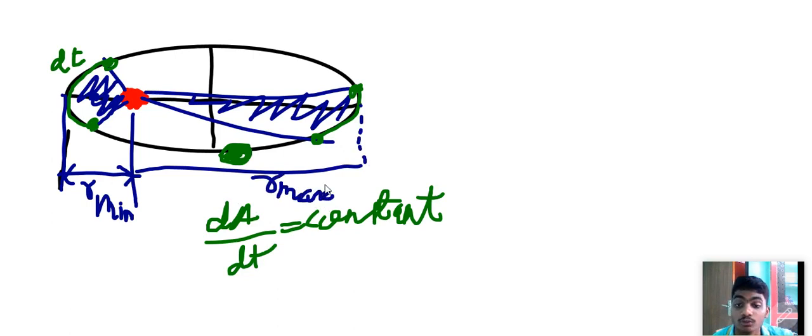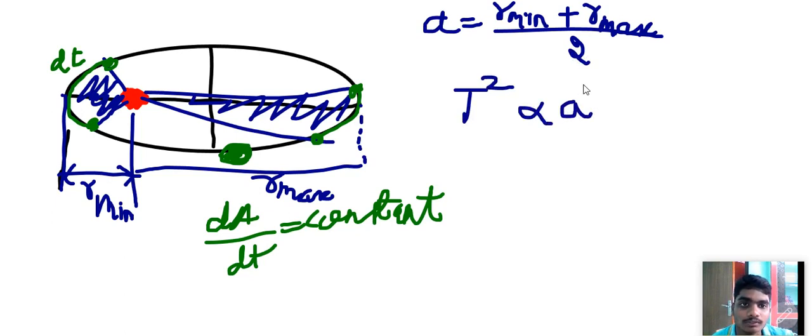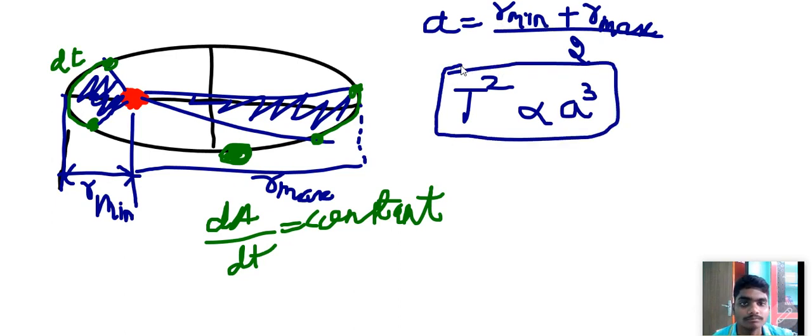Let us consider a equal to r minimum plus r maximum divided by 2. Then the square of the time period is directly proportional to the cube of this distance, (r minimum plus r maximum) by 2. This is Kepler's third law.